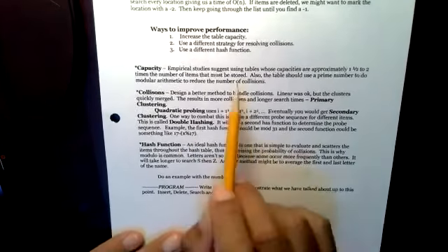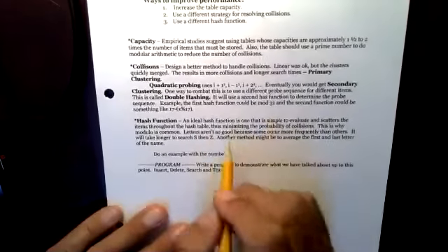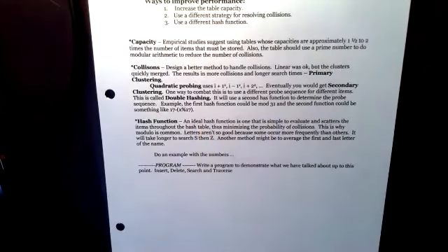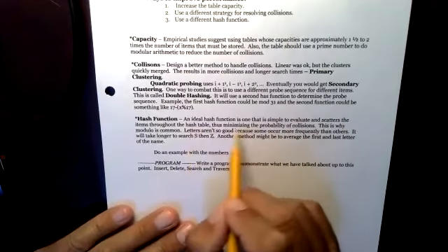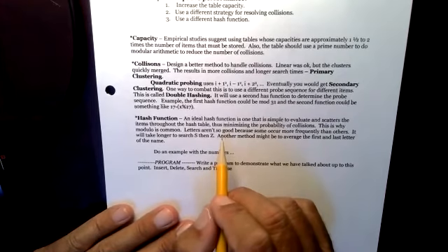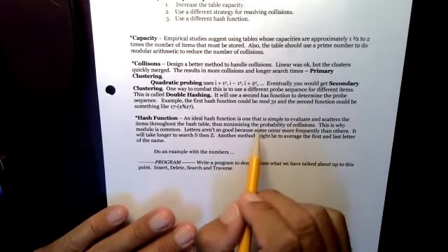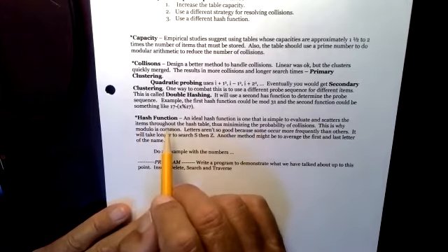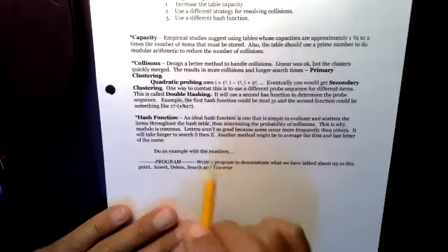All right. And finally, use a different hash function. What if I was storing letters? And I said, all right, I want to store the presidents' names. Well, how many presidents' last names start with a Q? How many presidents' last names start with a whatever? So I might want to change up my hash function and say, what if it's more than just a single number?